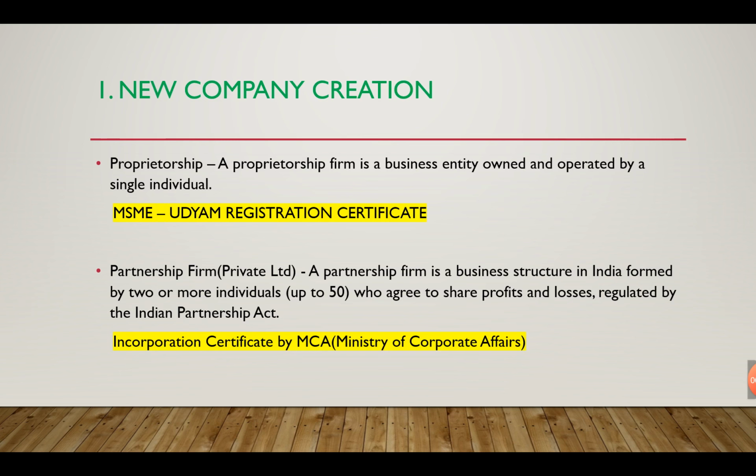To open a proprietorship company, first you have to choose the export import company name. After you choose the new company name, you can do a UDYAM registration online from the MSME online portal.